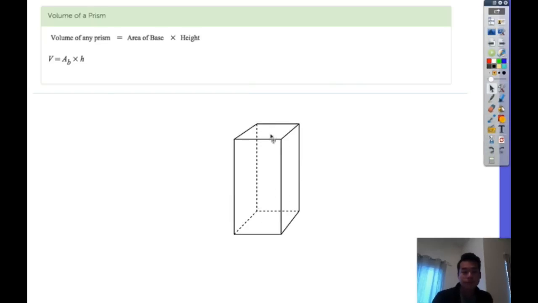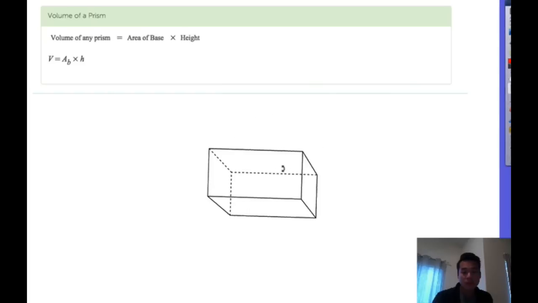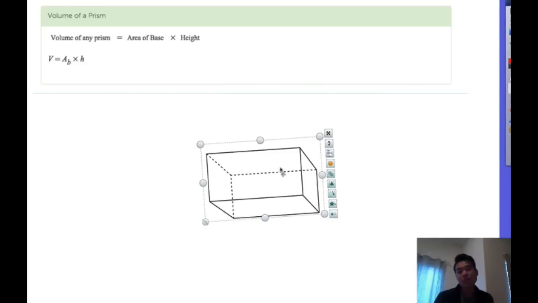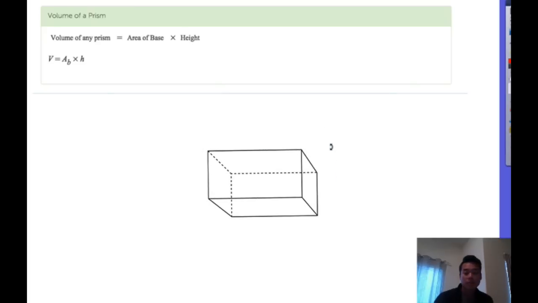That way, even if we spin this prism like that, you can still see that the height never changes. The height's job is to connect your two-dimensional shapes. Without the height, really, you have a two-dimensional shape. Height gives it depth, which makes it three-dimensional. So for this rectangular prism, you would just need to find the area of whatever the base is. In this case, it's a rectangle, length times width, and then times how tall it is.